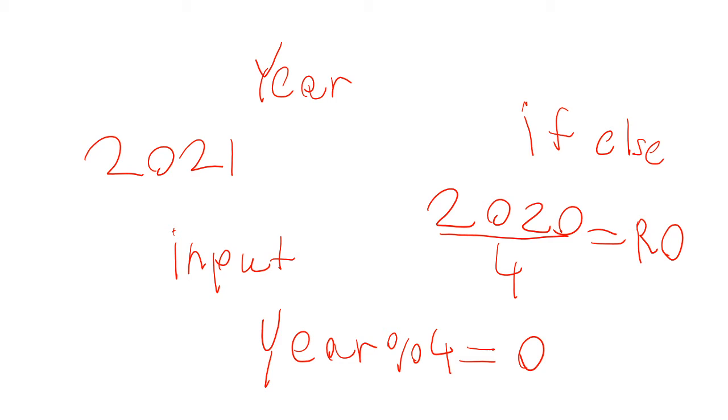What year modulus 4 means is that 2020 modulus 4 is 0 because the remainder is 0. It's perfectly divisible. That's what we're looking for. But for the if-else, we need greater or less than. So in this problem, we're basically looking for a number perfectly divisible by 4, or a multiple of 4.